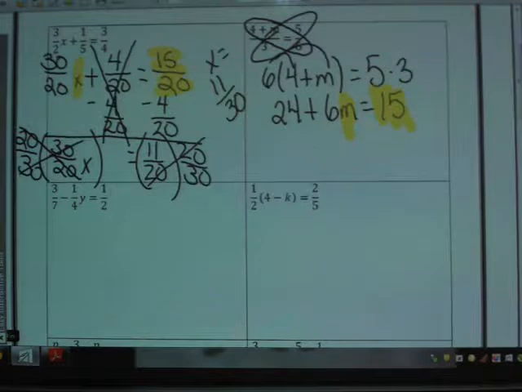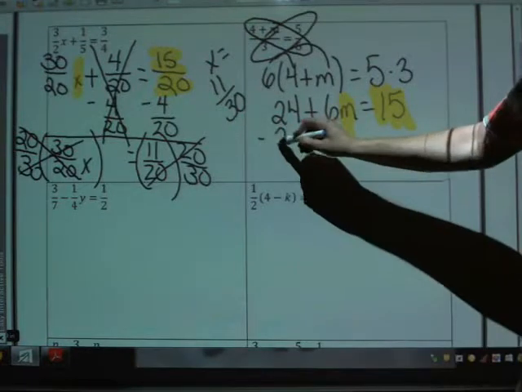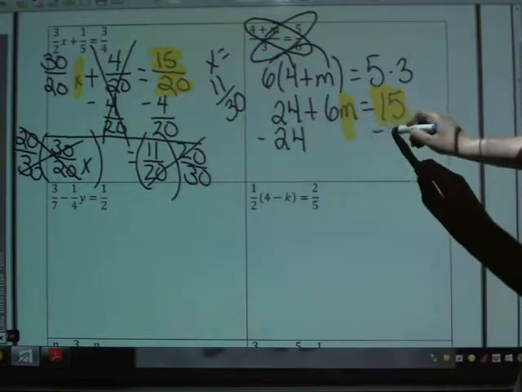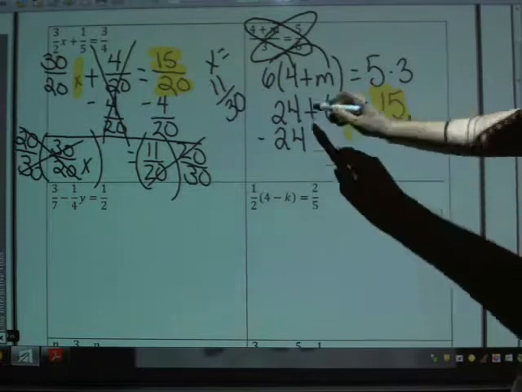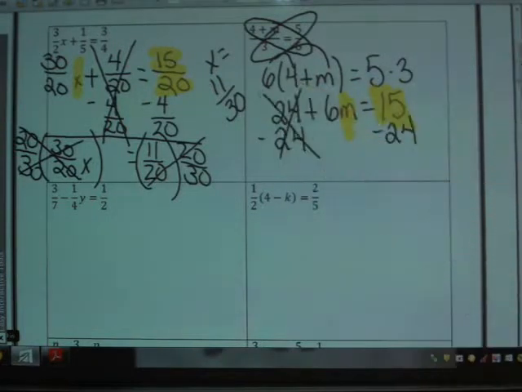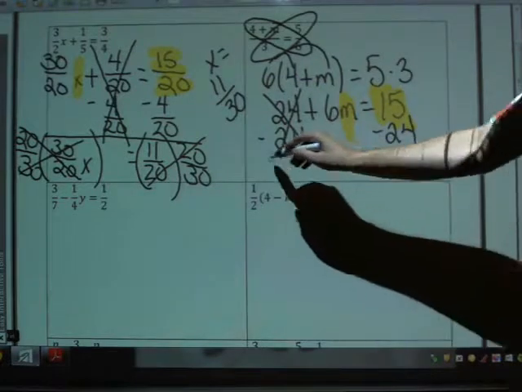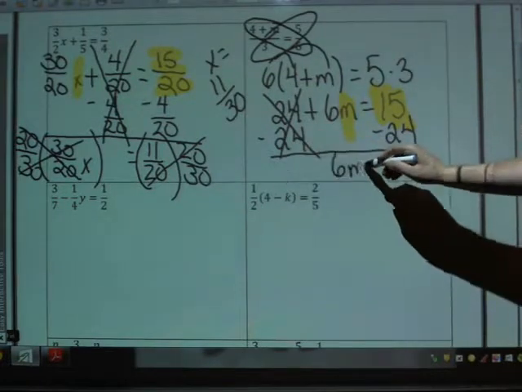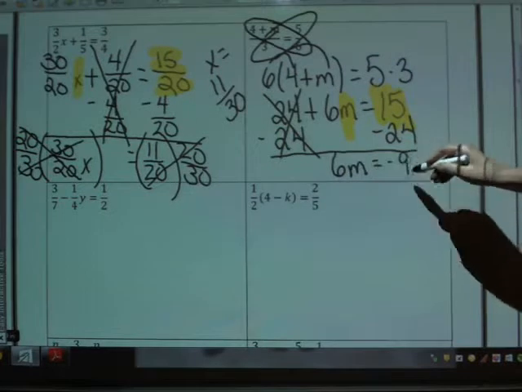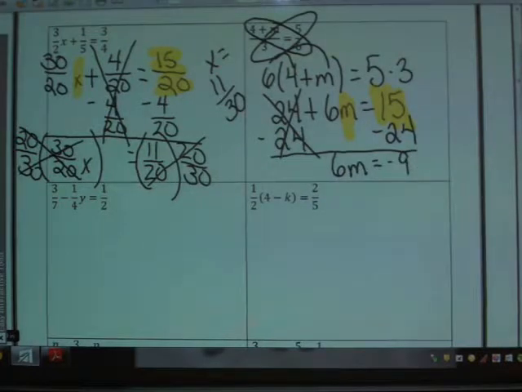24, as presented, is a positive. The opposite of a positive is a negative. Negative looks an awful lot like subtraction, so that's why I'm going to subtract 24 from both sides. As you can see, these two will wash each other out because 24 minus 24 would go to 0. And so now I have 6m equals negative 9.